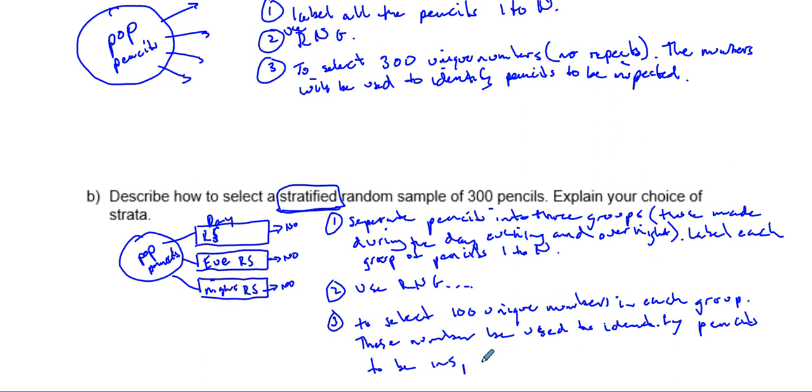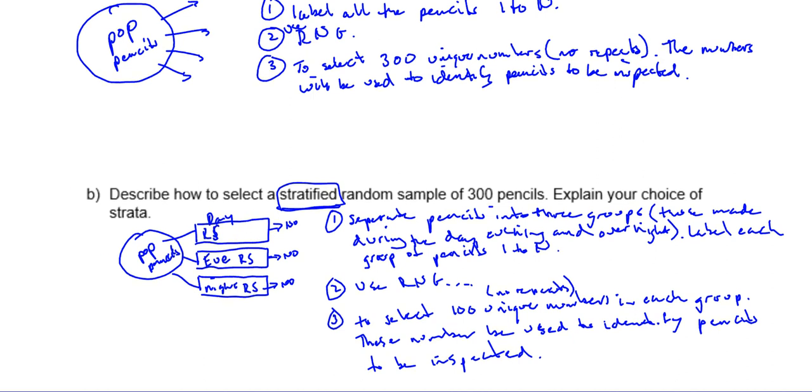And I probably don't have to write this on, but I'm just going to write this one more time, just so you know. All right, so we're going to select 100 unique numbers in each group. Once again, the unique numbers means no repeats of numbers. In each group, these numbers will be used to identify the pencils to be inspected. Okay, and that's Strata.